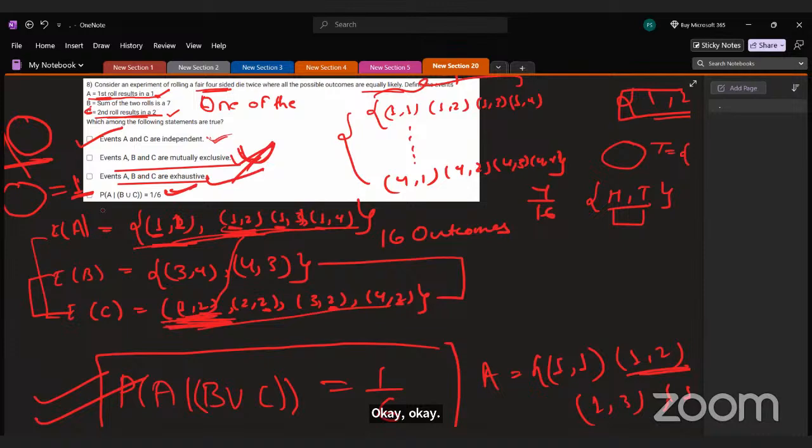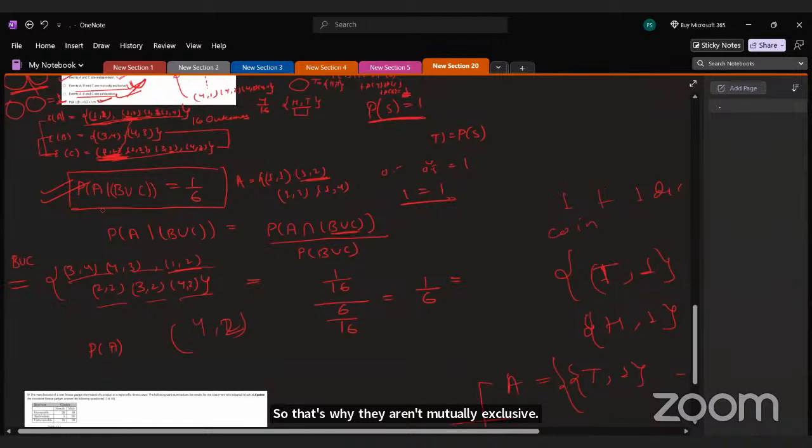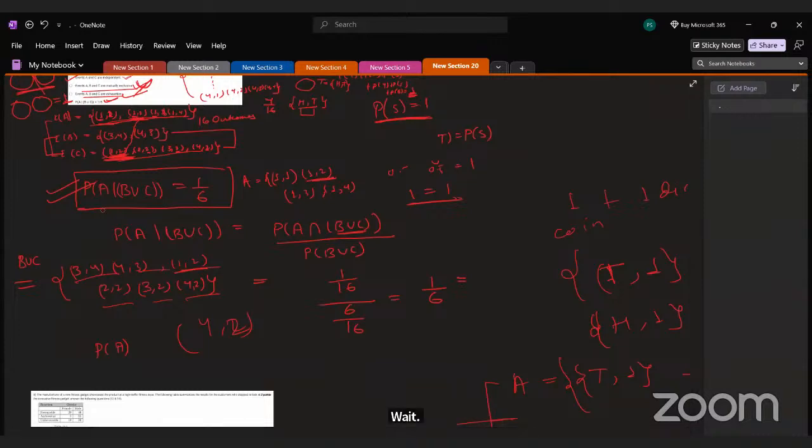Sir, just show the last calculation. Wait. Sir, do we need to take the probability of the sample space as 1 for all the conditions? Yes, the probability of the sample space is 1. Only then will that set be a sample space.